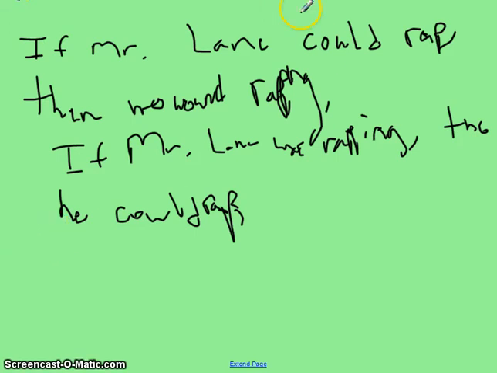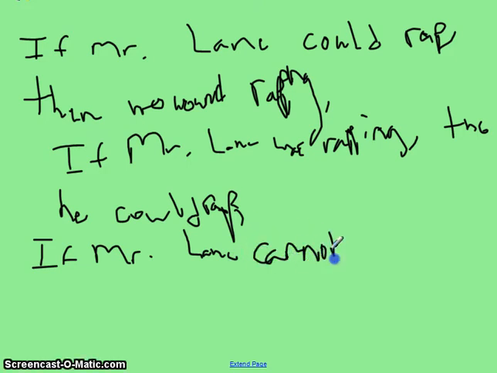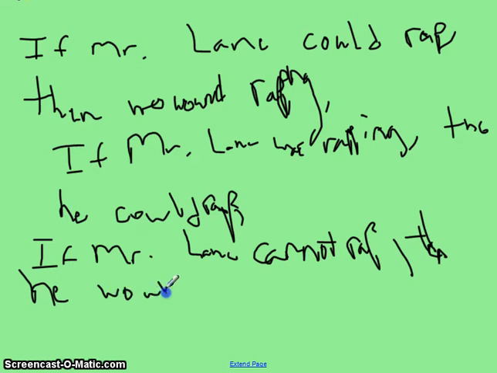Now the inverse of it just negates the original statement. So we'll put some nots in there, like if Mr. Lane cannot rap, then he would not be rapping. Makes sense?